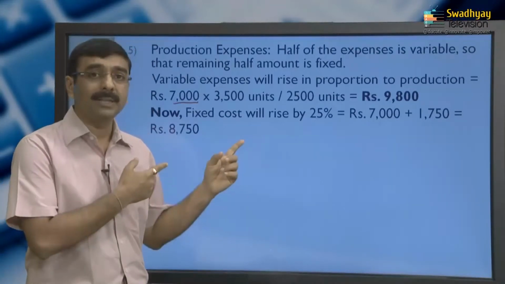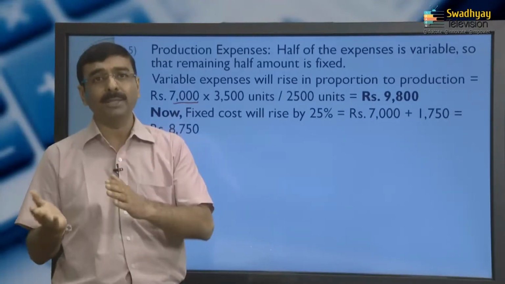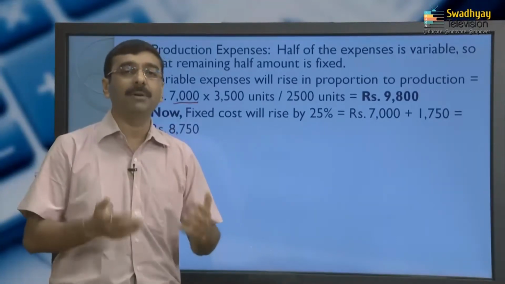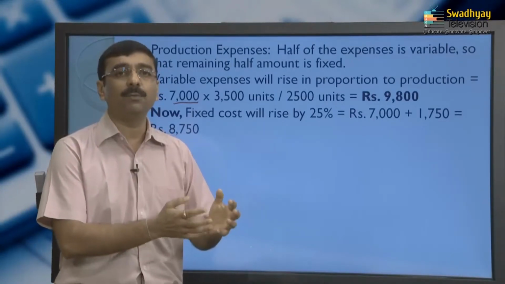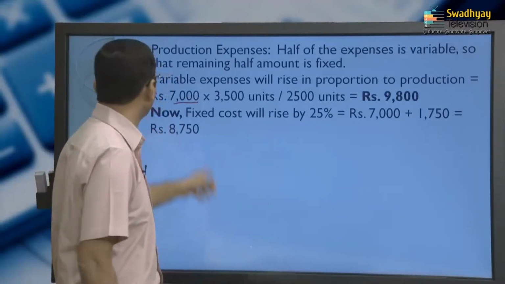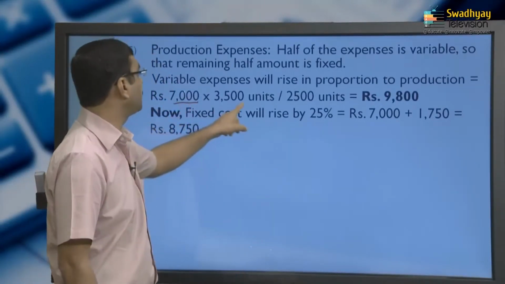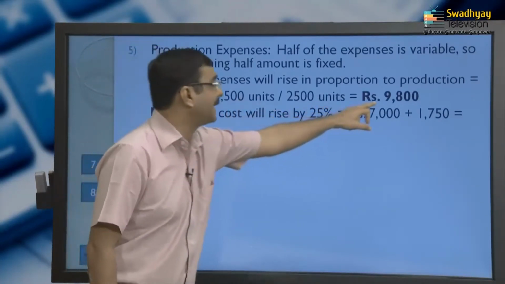In year 2013 they manufactured 2500 units, but in year 2014 we are manufacturing 3500 units. So according to these 3500 units, we need to identify what amount would change in the variable expenses. First we calculate the variable expenses on the basis of 3500 units. It comes to rupees 9800.